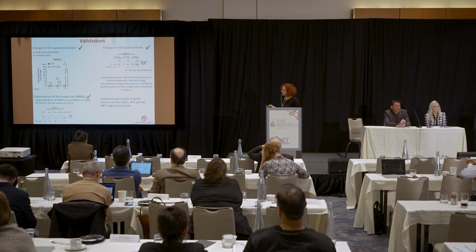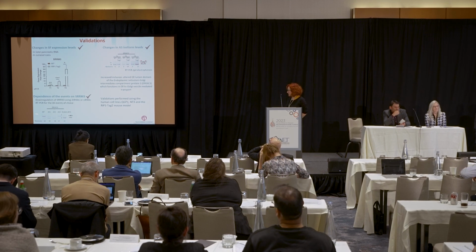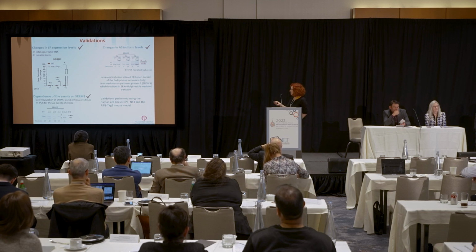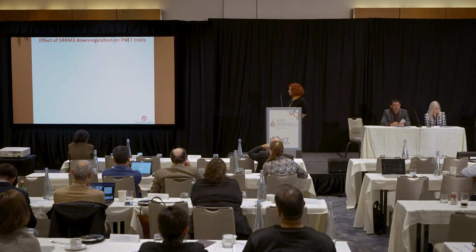So we also performed validations on the dependency of these alternative splicing events on SRRM3. We downregulated SRRM3 using a specific shRNA, and we saw that when we downregulate SRRM3, we have decreased inclusion of this alternative exon. So indeed, the regulation of these events takes place through SRRM3.